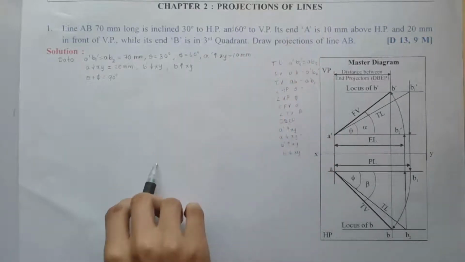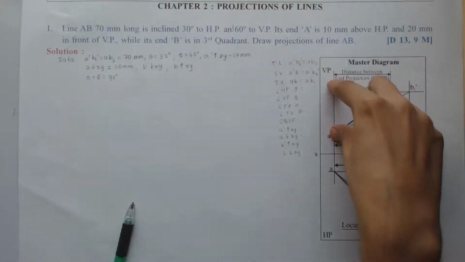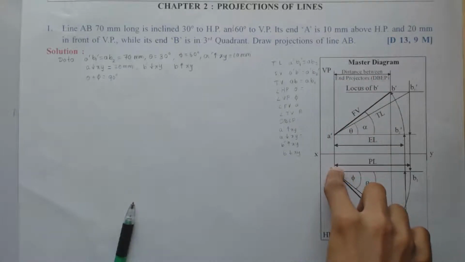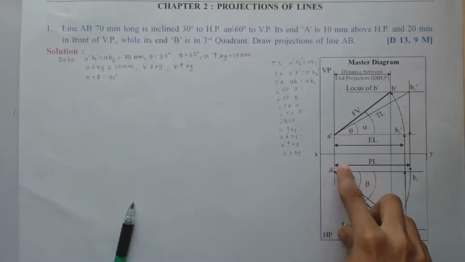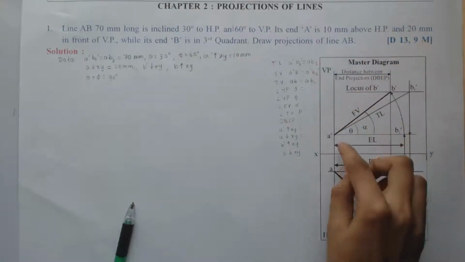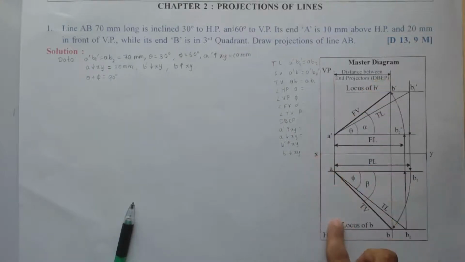So in that case, I'm going to get this front view A dash B dash as exactly vertical line. Similarly, this top view AB also exactly vertical line. That means this distance between the end projectors will be 0 because on the same projector I am getting A dash, B dash, A and B.